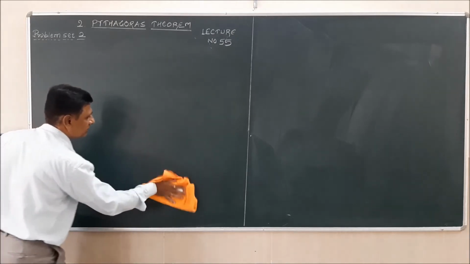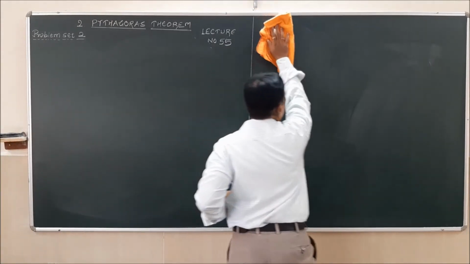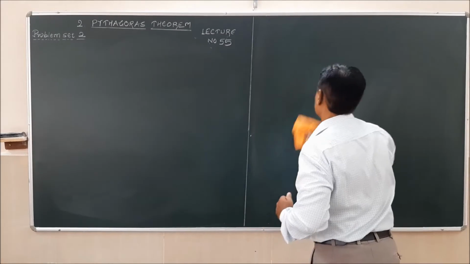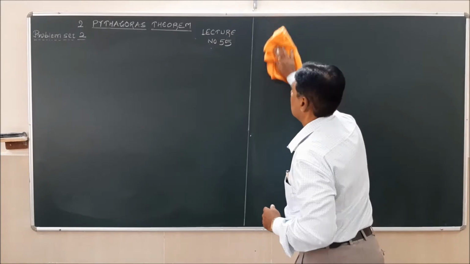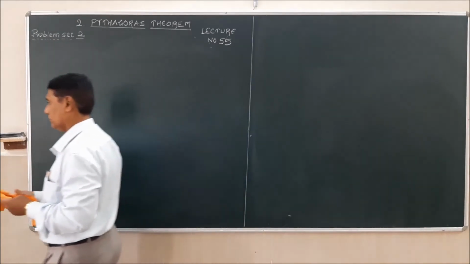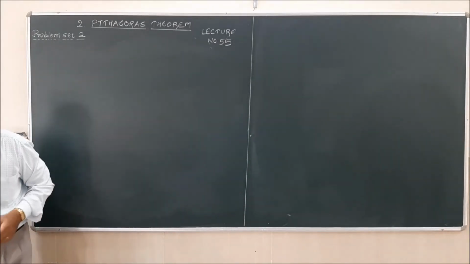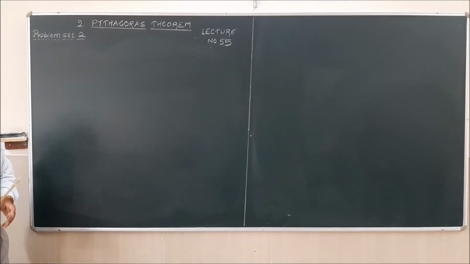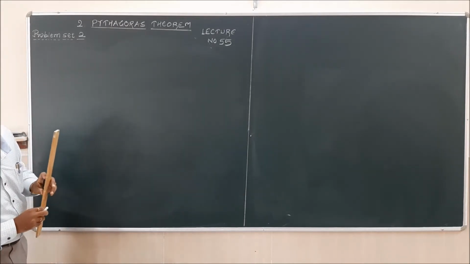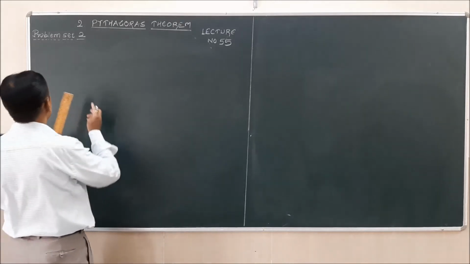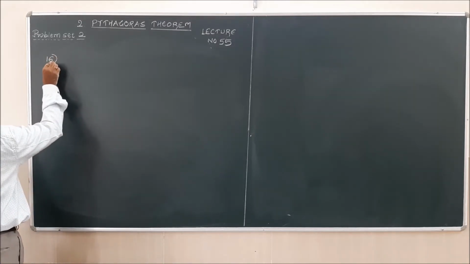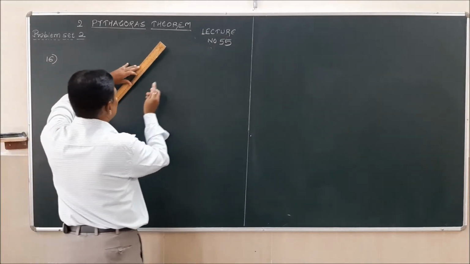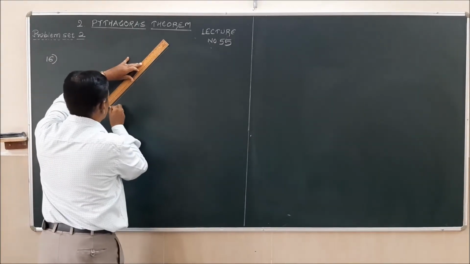Equilateral triangle is given. Calculations are given. So you find triangle PQR is given over here. This is question number 16, the last lecture of this chapter.